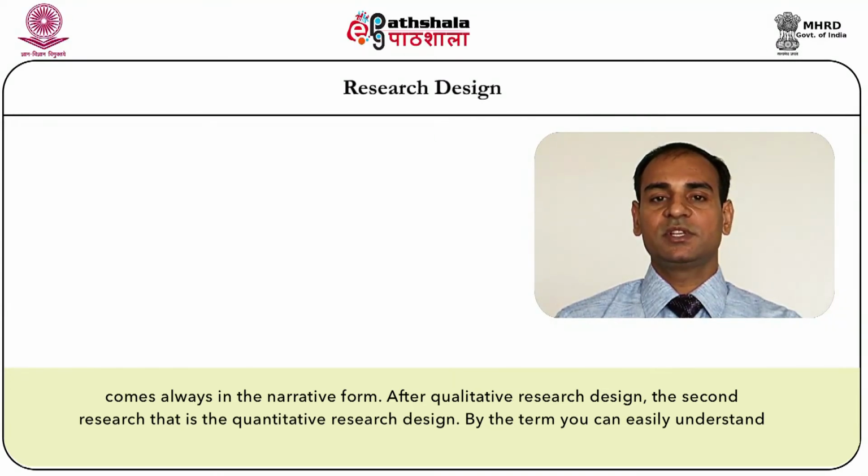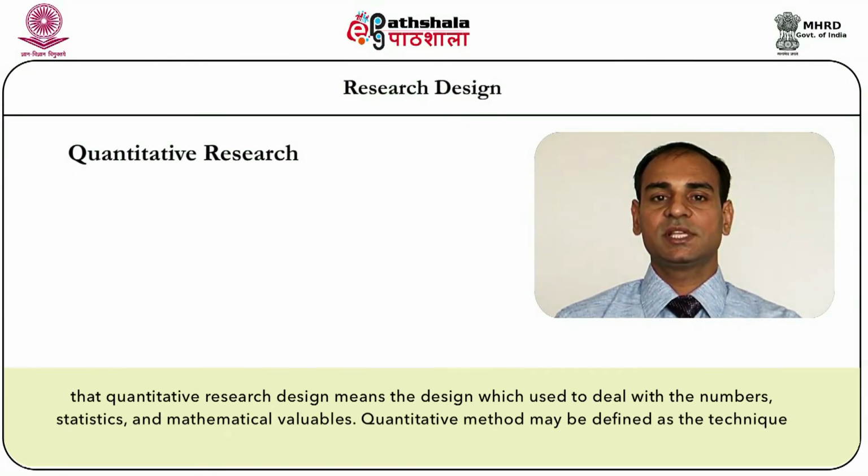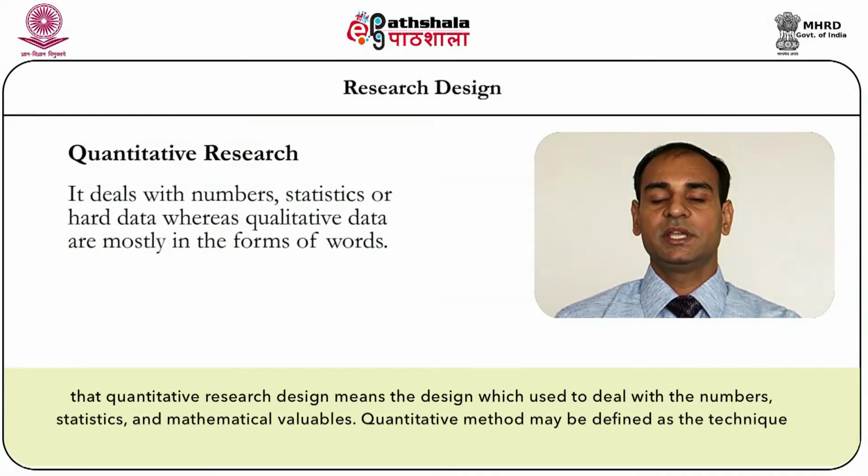After qualitative research design, the second is the quantitative research design. By the term you can easily understand that quantitative research design means the design which is used to deal with the numbers, statistics and mathematical variables.